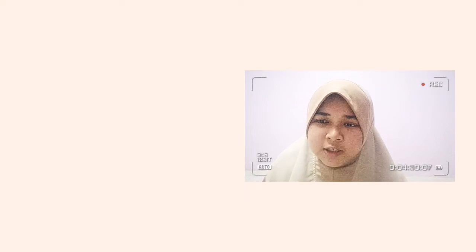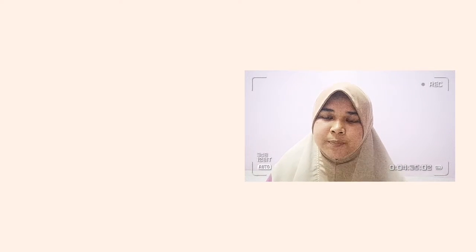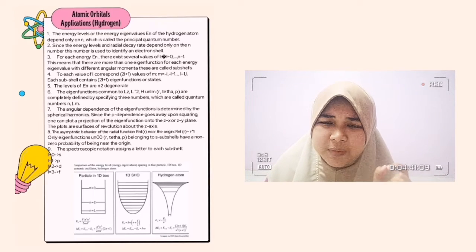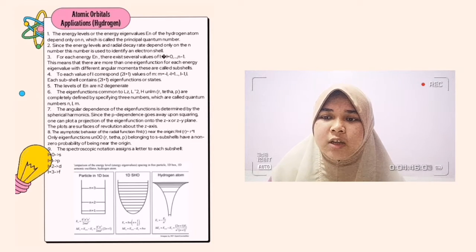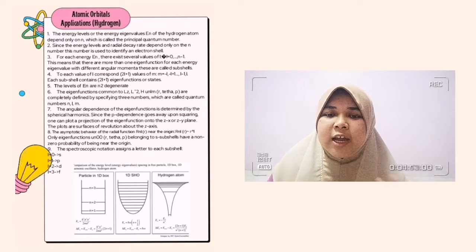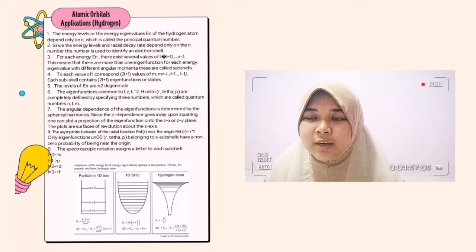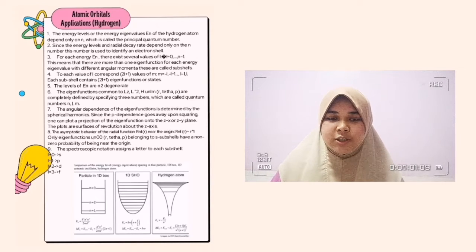Then about this whole thing of hydrogen atom eigenvalues and eigenvectors, the energy levels, or the energy eigenvalues En, of the hydrogen atom depend only on n, which is called the principal quantum number. Since the energy levels and radial decay rate depend only on the number n, this number is used to identify an electron shell.